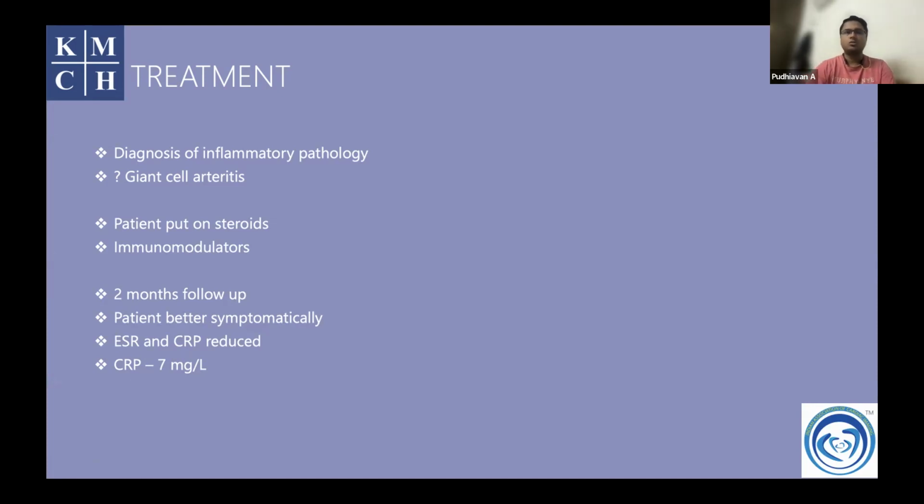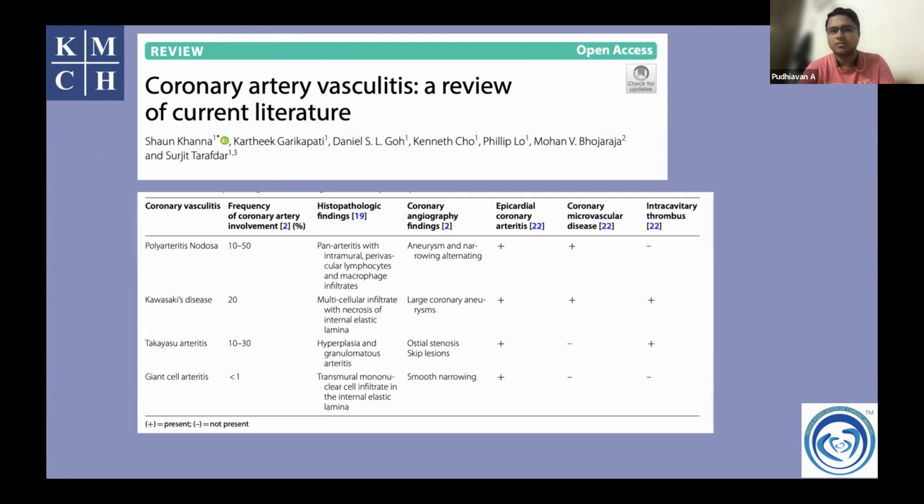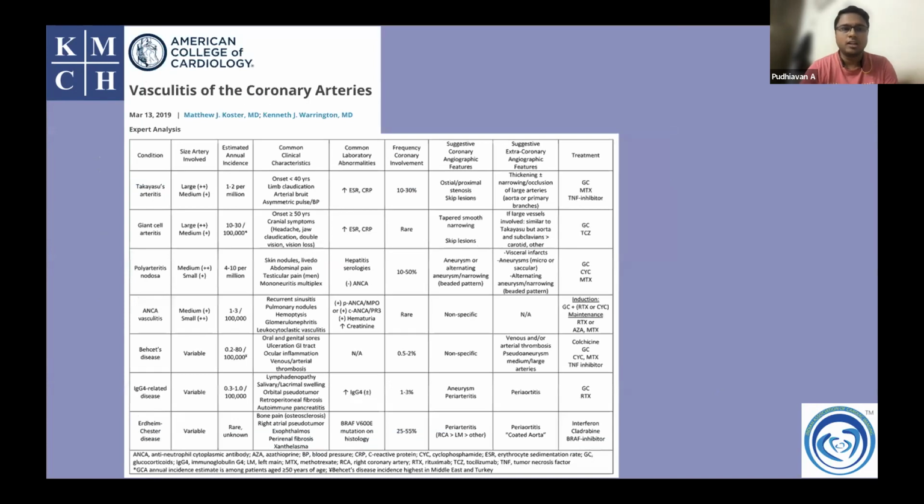So when we talk about coronary vasculitis, we usually consider it to be a children's disease, where we see a lot of Kawasaki's in young kids. But coronary vasculitis can also occur in adults, though the most common coronary vasculitis that occurs in adults are Takayasu's, IgG4 disease, and polyarteritis nodosa.